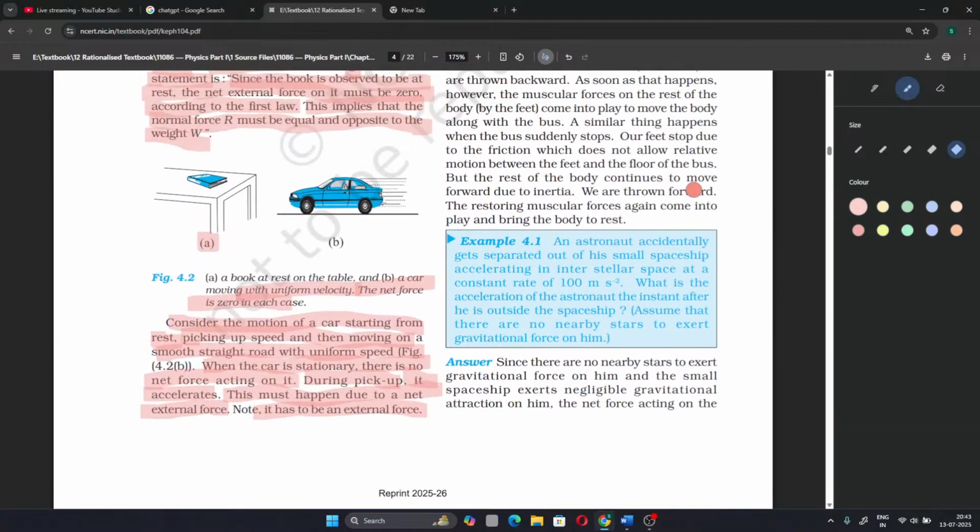Basically, let's assume we think that the tires of a car are doing the force here, so it should be an internal force. Let's assume it is a completely frictionless road.